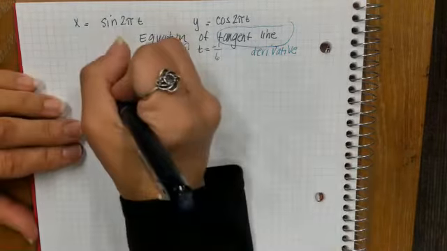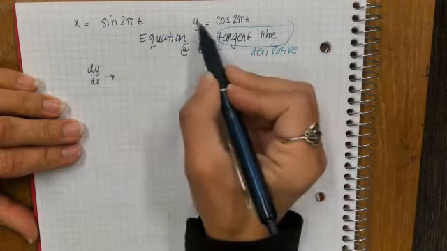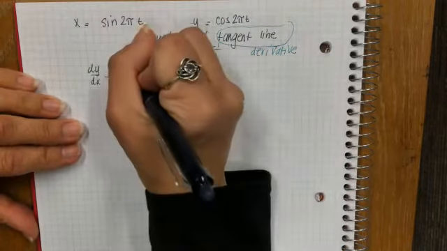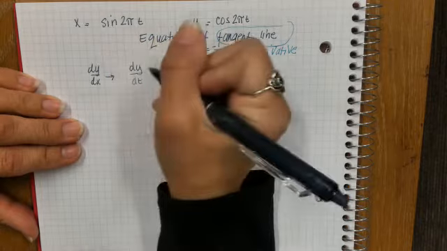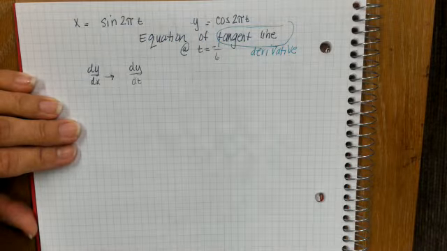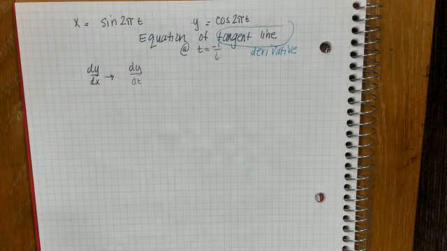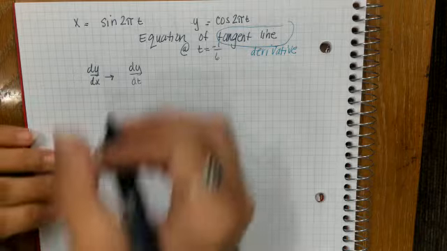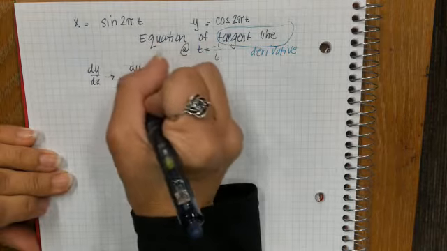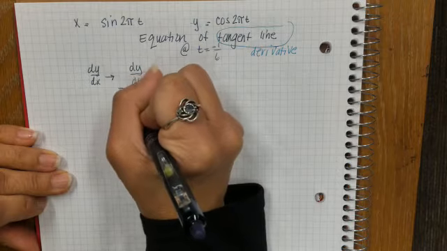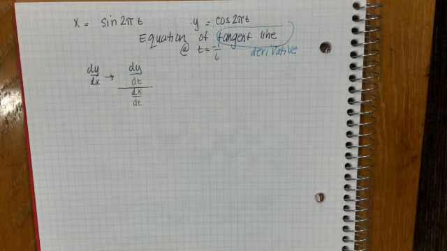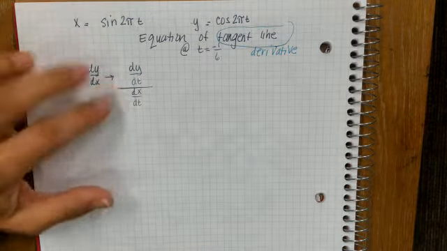How about instead we take the derivative of y with respect to t and we divide that by the derivative of x with respect to t. That looks a whole lot better when you divide, right?